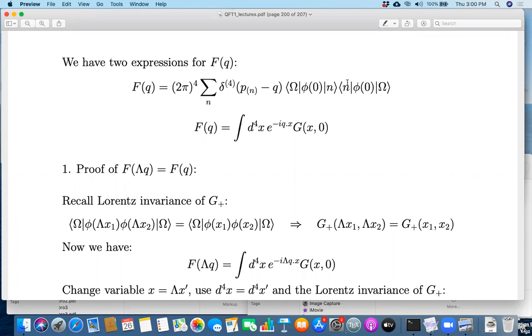So if on the left-hand side we have this commutator of px and py, and we now do a reflection in the x direction, then px will change to minus px, and py will remain invariant because that won't be reflected.